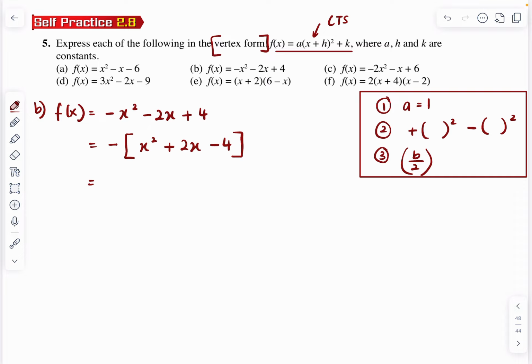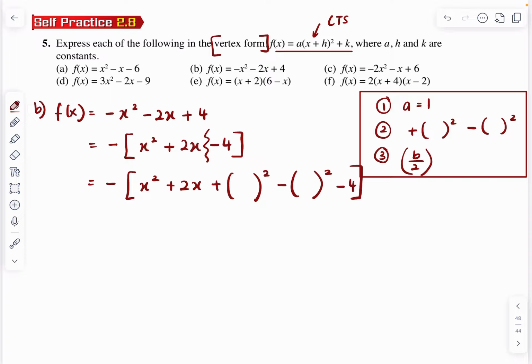Okay, and then we do the second step, which is plus bracket square minus bracket square. So that will go here. Minus 4. Okay, then the third step will be b over 2.